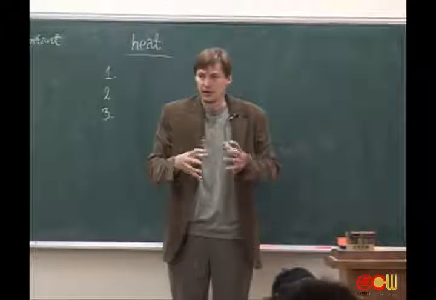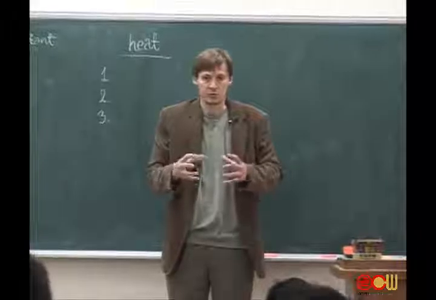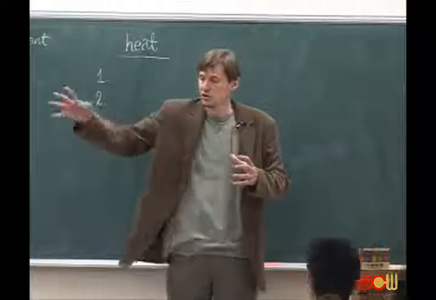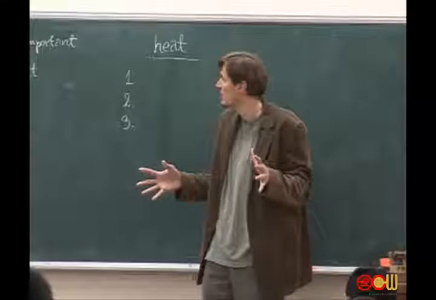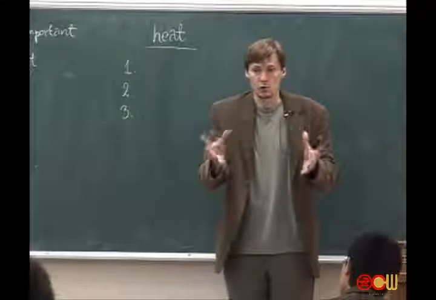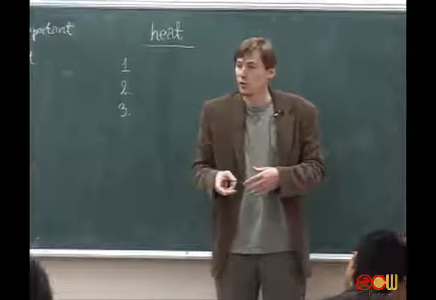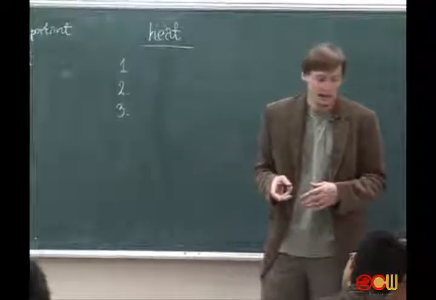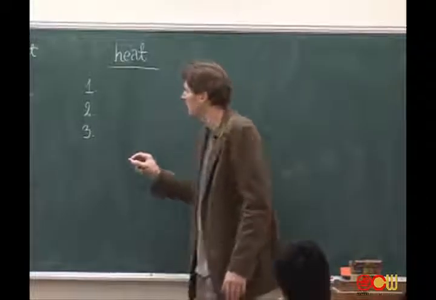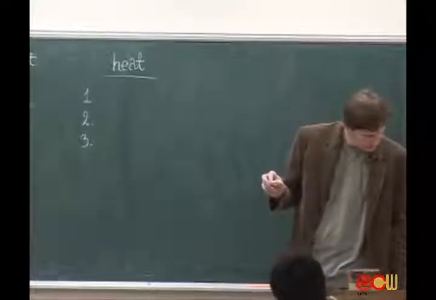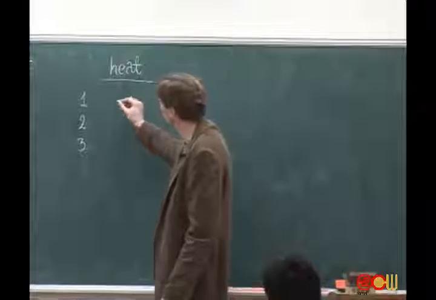So the random thermal movements of the body exchange with the thermal random movements of the surrounding. So now heat tells you how this exchange was going. Okay? So the one typical way is convection. Well, let's start from conduction.